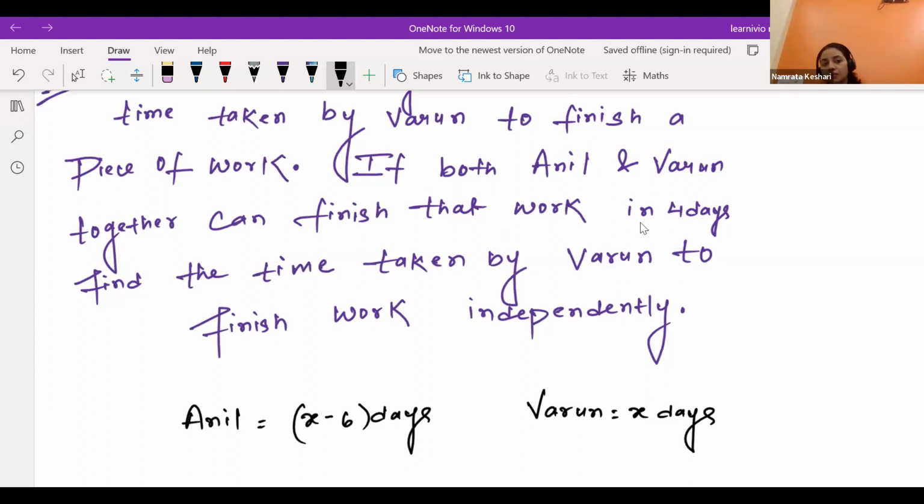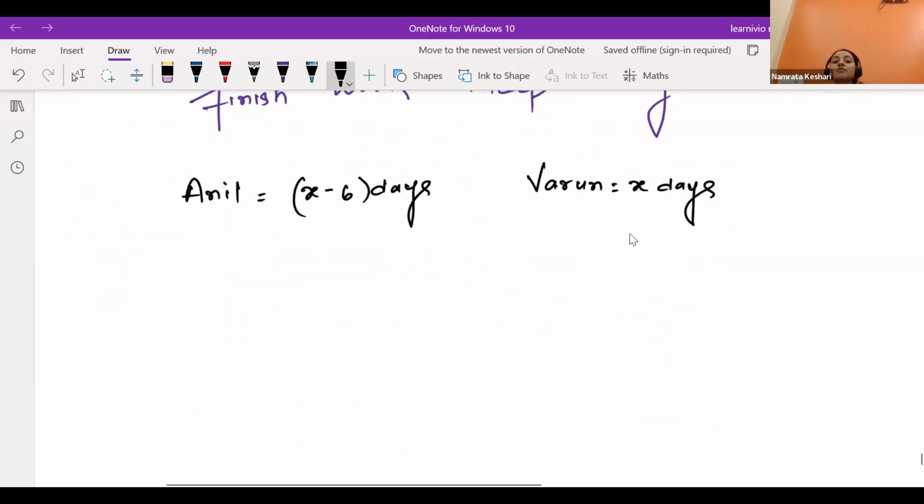One of them can complete it in less time, another one will take more time. So in this type of question, we always think about the efficiency, the capacity of each person.